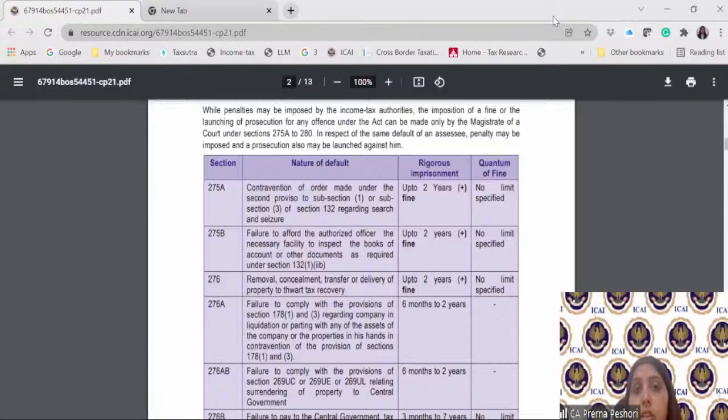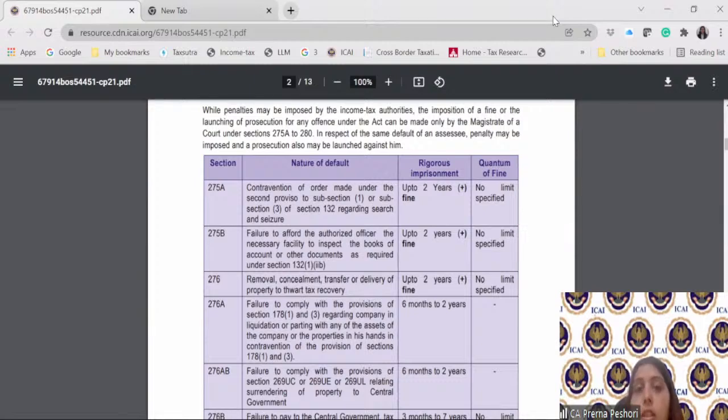What does 178 talk about? It deals with the liquidation of the company, and it says that the liquidator, or the receiver who is appointed, has to give the notice of appointment to the assessing officer. If he does not do that, or he parts with any assets of the company without telling the principal commissioner of income tax, then in that case, this is on the liquidator and not on the assessee. He has imprisonment of 6 months to 2 years.